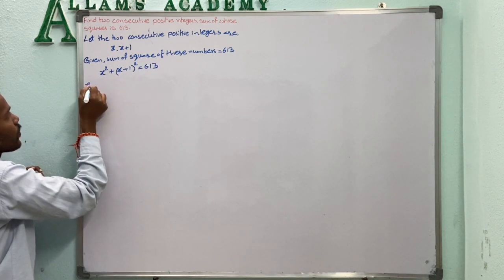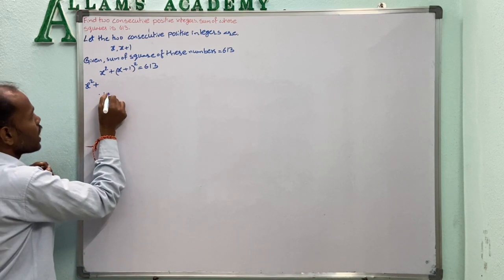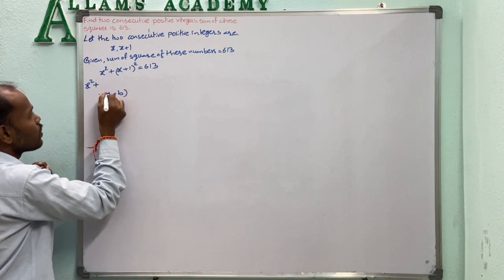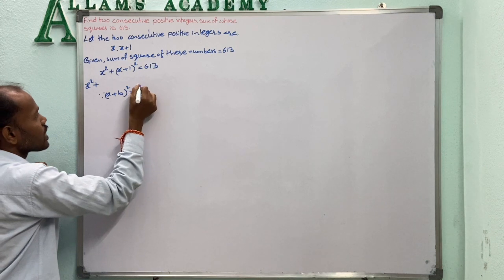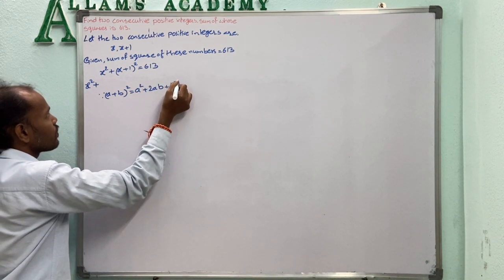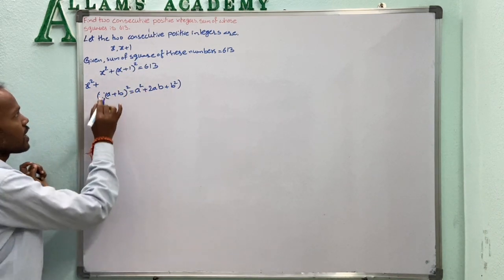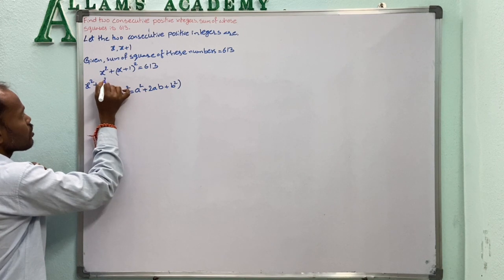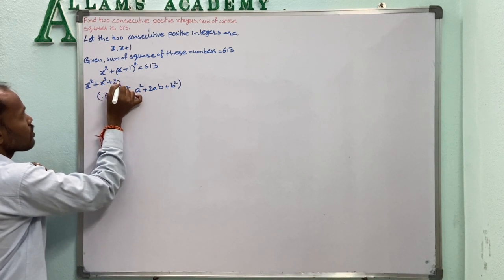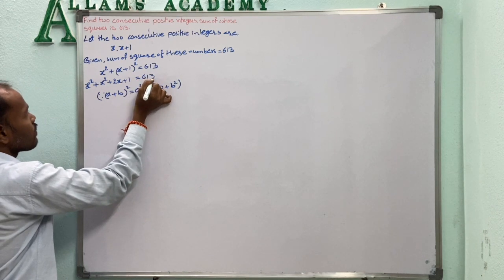So x plus 1 whole square is in the form of a plus b whole square. A plus b whole square is equal to a square plus 2ab plus b square. So here in the place of a we put x and in the place of b we put 1. So a square is nothing but x square, plus 2ab, 2 into x into 1 means 2x, plus b square. So 1 square is nothing but 1, that equal to 613.